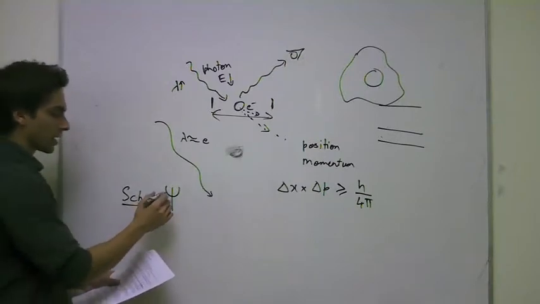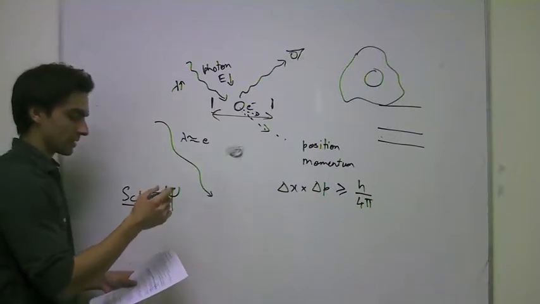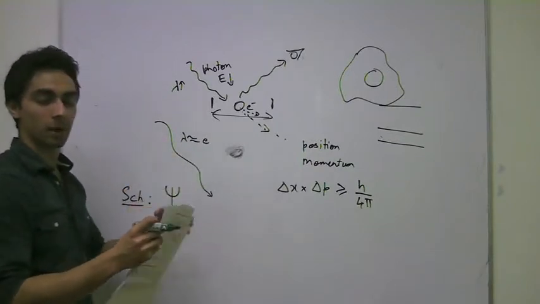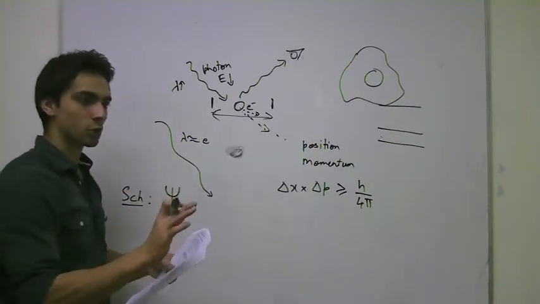Now the wave function is a complicated function derived from Schrödinger's equations, which we do not need to go into.